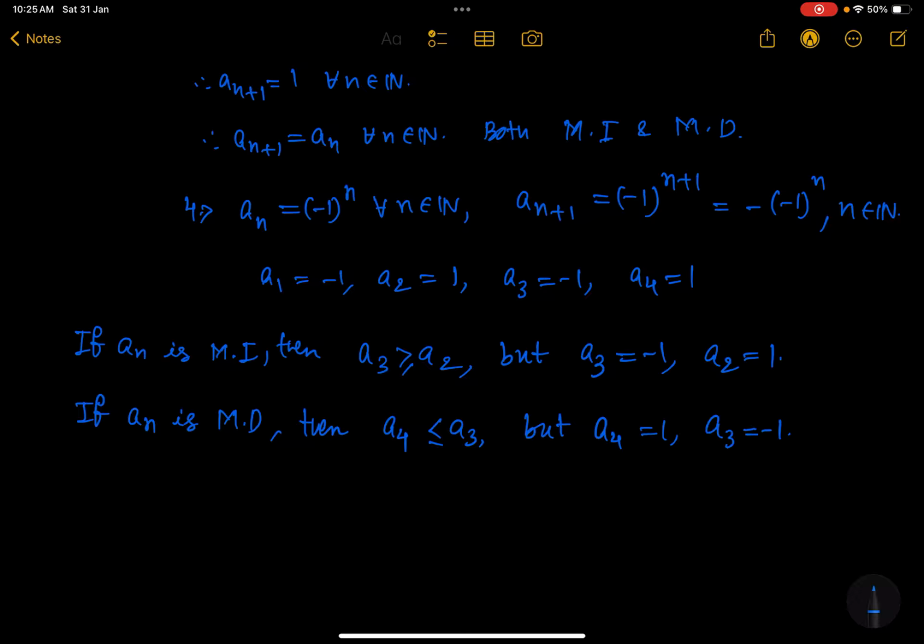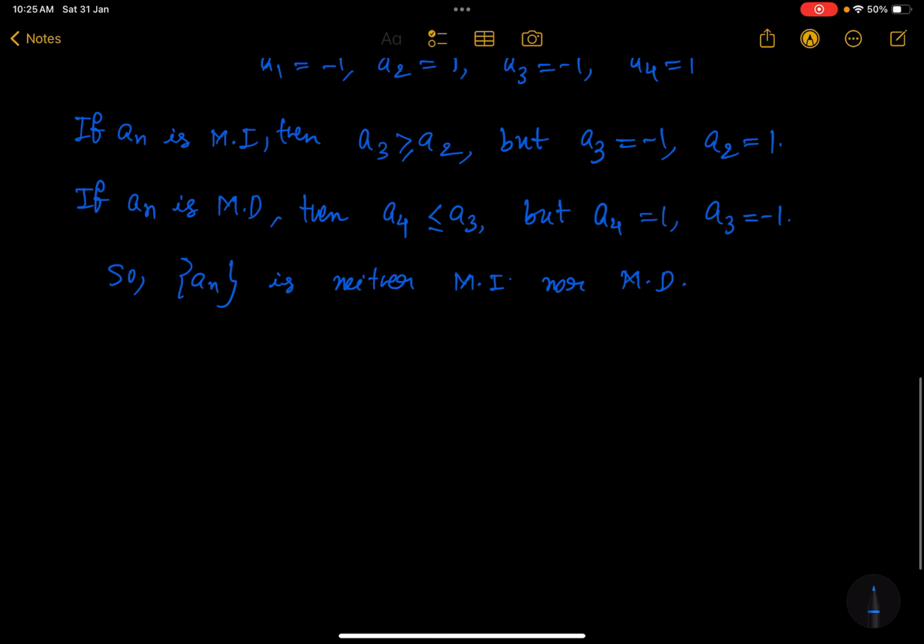This is not true. So the sequence a_n is neither monotonically increasing nor monotonically decreasing.